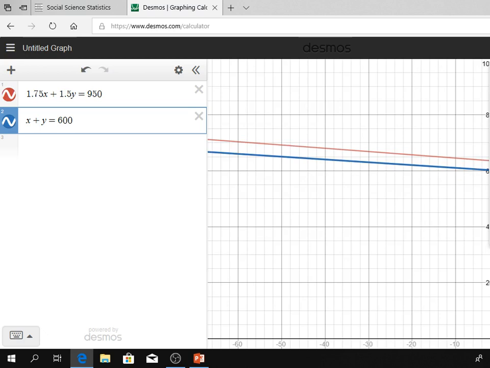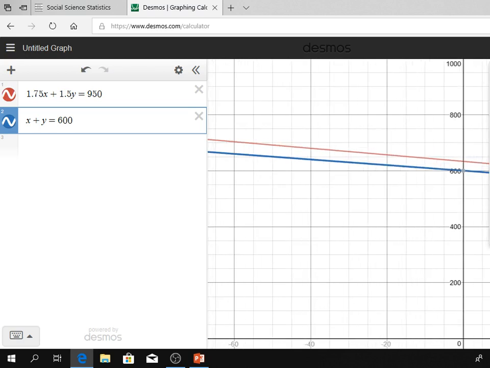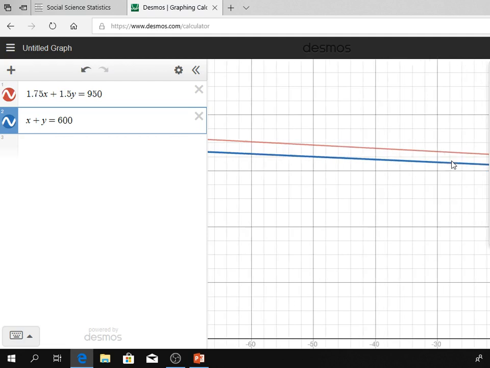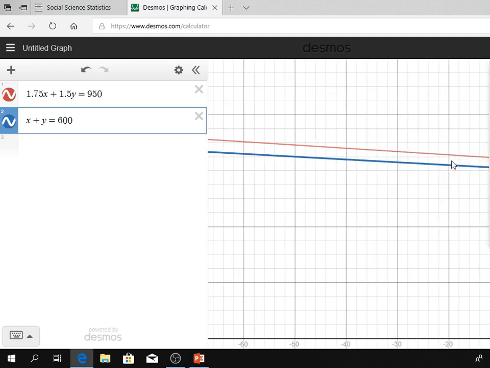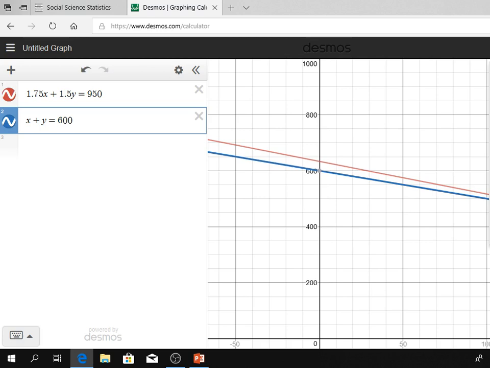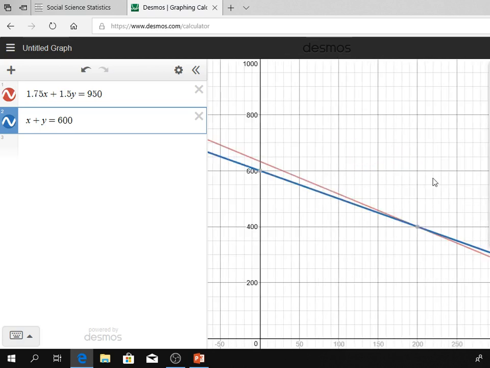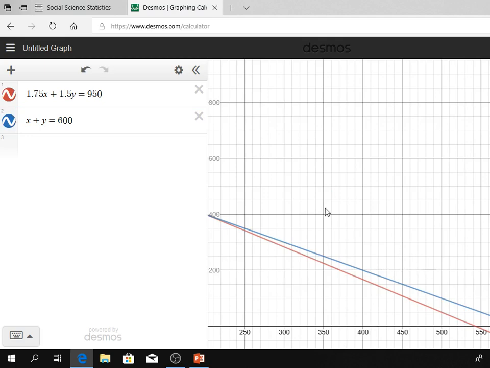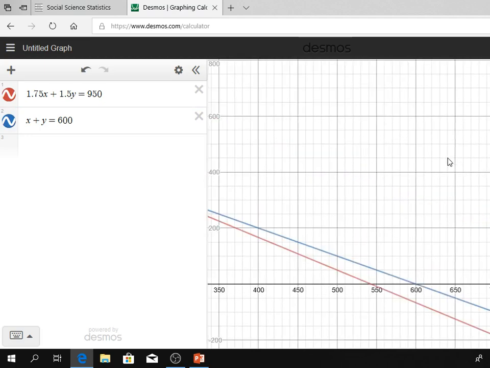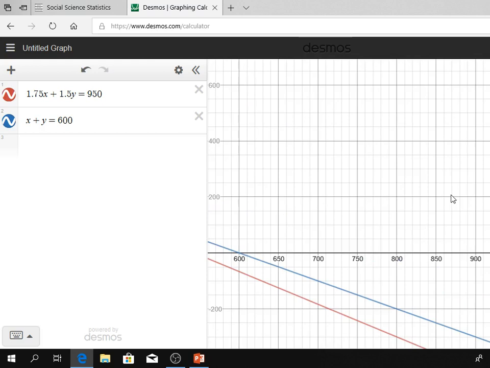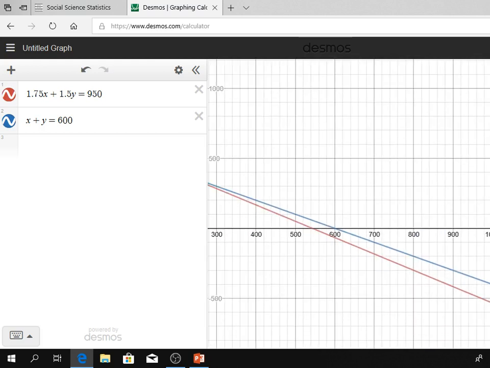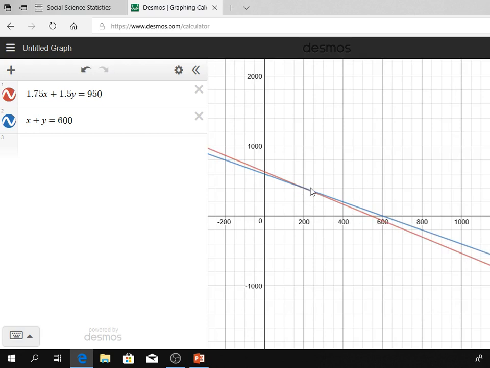And then maybe x needs to go a little farther. Okay, so now if you look at your graph, this thing's being fickle. You'll notice they cross about right there.